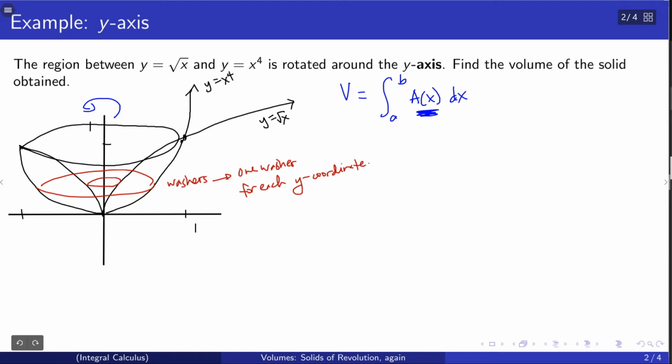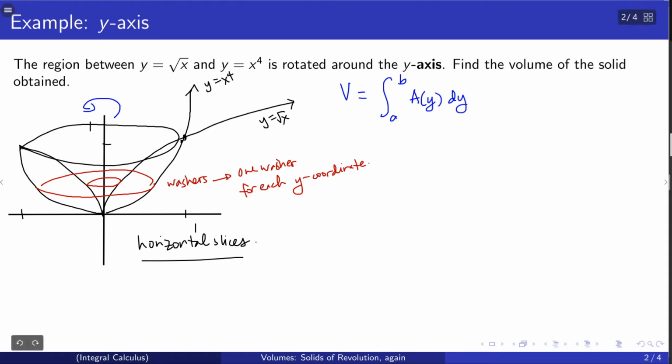And this is pretty much the only difference between rotating around the x-axis or the y-axis, that now you're taking horizontal slices of your solid. I'm going to use the same formula here, but I'm going to write A(y) dy, just to emphasize that now we're getting a slice for each y.